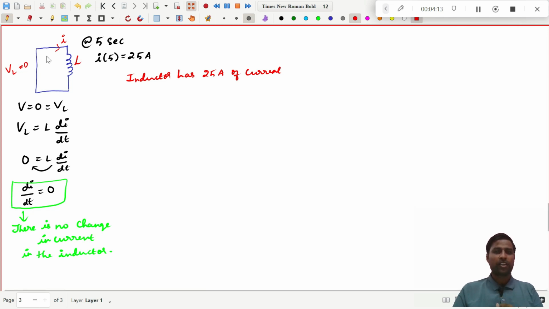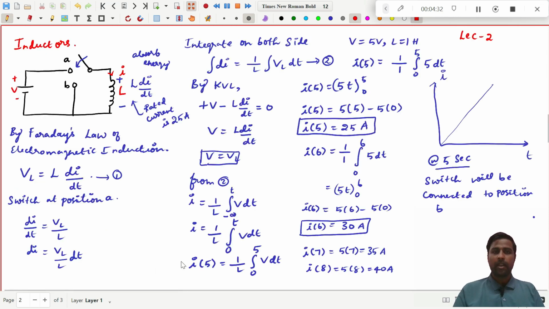Obviously it is storing, because I have connected a voltage source across the inductor, and the current through the inductor is increasing linearly. That I have seen in the last page. In the last page, you can see here, after 5 seconds it is 25 amperes, at 6 seconds it becomes 30 amperes, at 7 seconds it becomes 35 amperes. So it is increasing linearly.